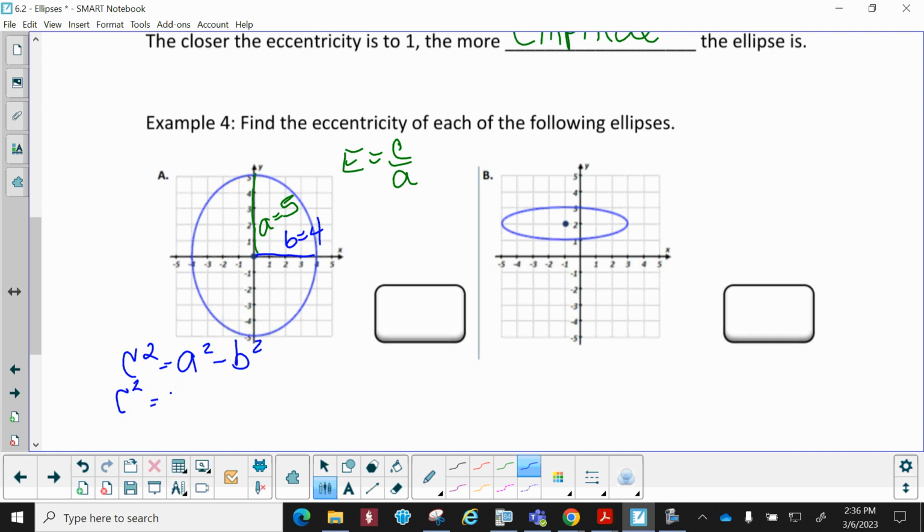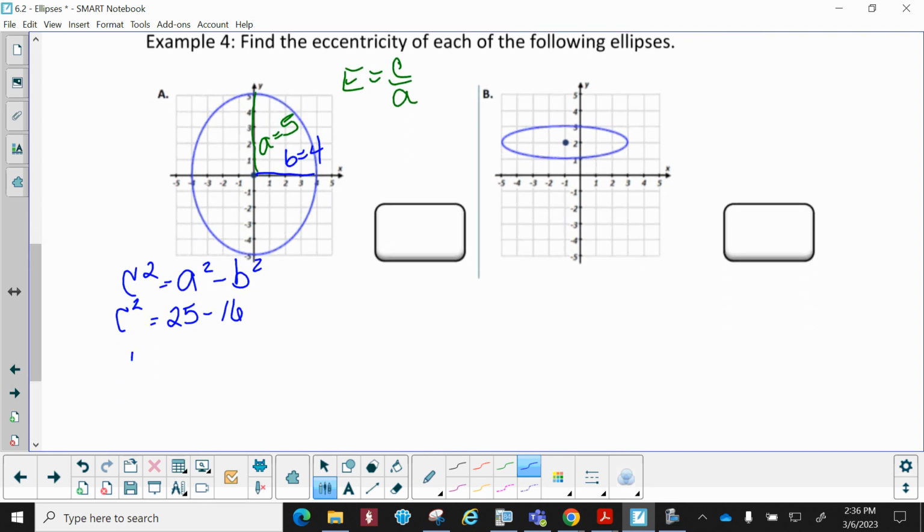So C squared is 25 minus 16. 25 minus 16 is 9. C is 3. So the eccentricity is C over A, or 3 over 5.